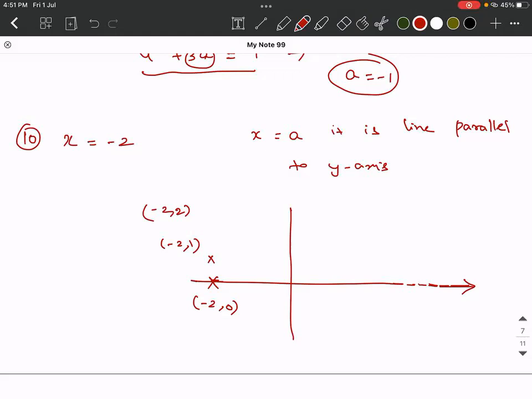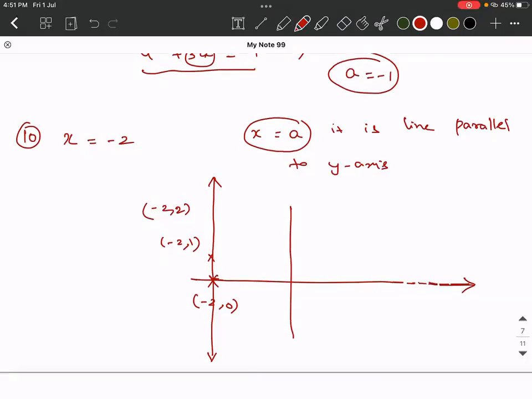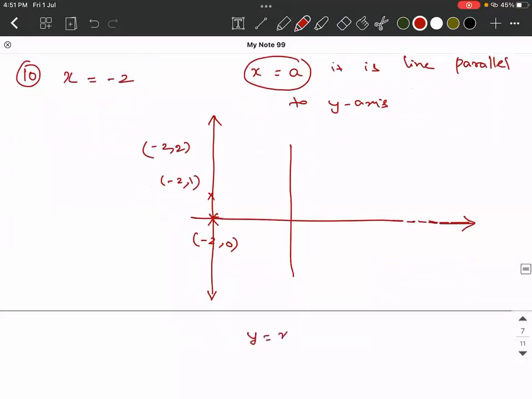X coordinate is -2 only, right? So when I draw a line, how is that line going to be with respect to the y-axis? It will be parallel. That is why x is equal to a is always a line parallel to the y-axis. Similarly, y is equal to b, where b is some constant, will be a line parallel to the x-axis.